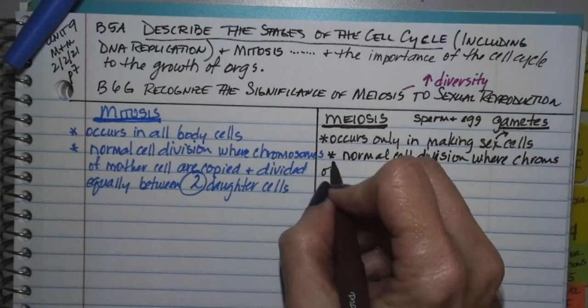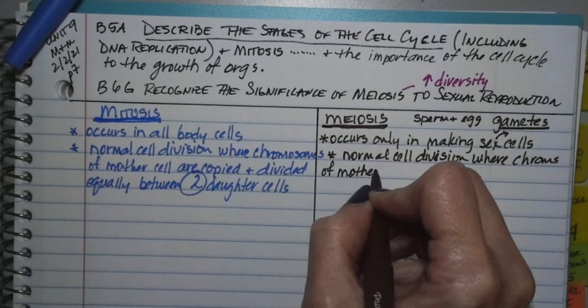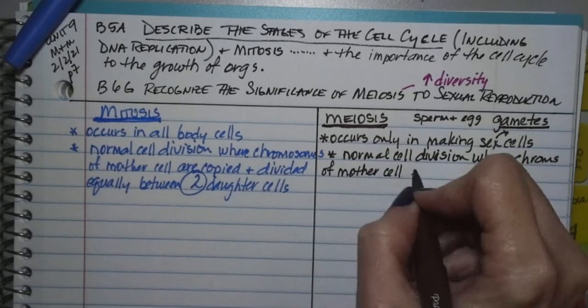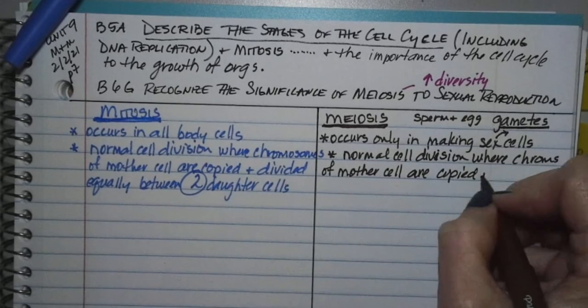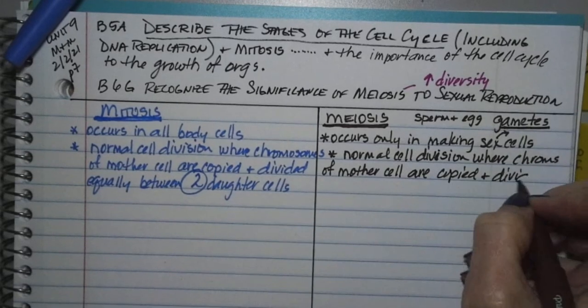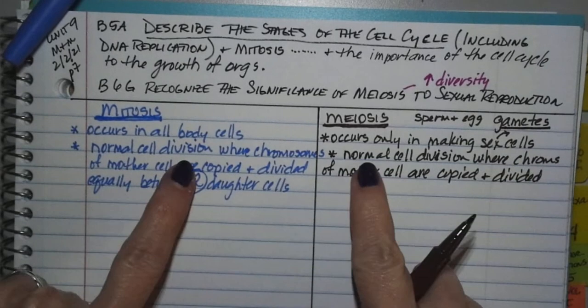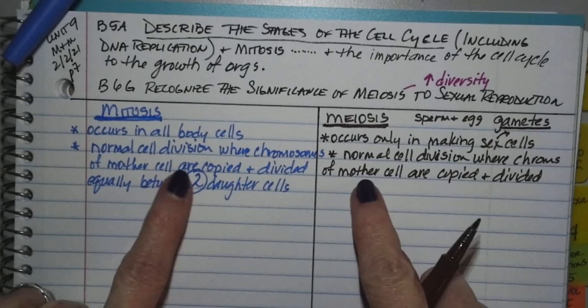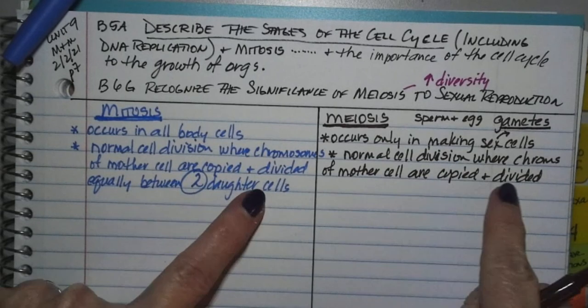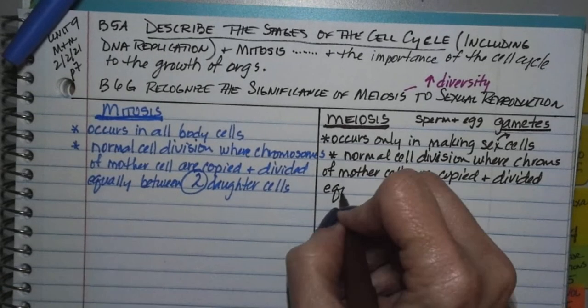So far it's the exact same, yes? And divided. Look at this. Normal cell division where chromosomes of the mother cell are copied and divided equally between 4 daughter cells.